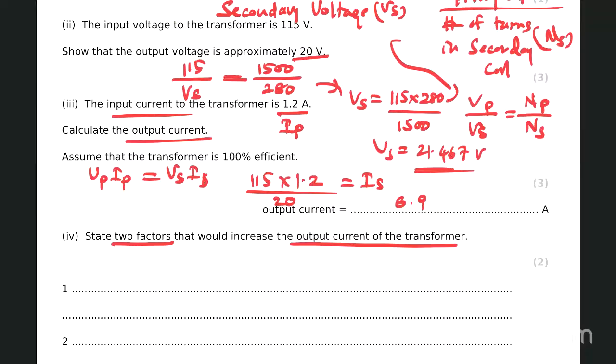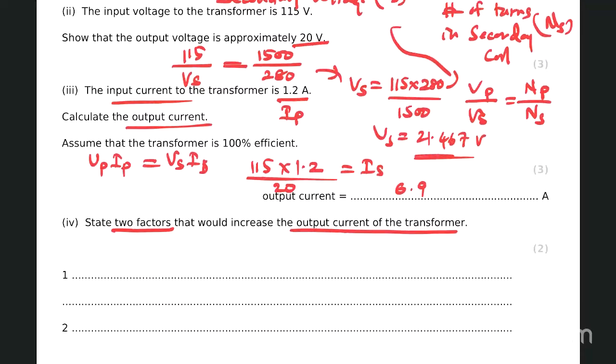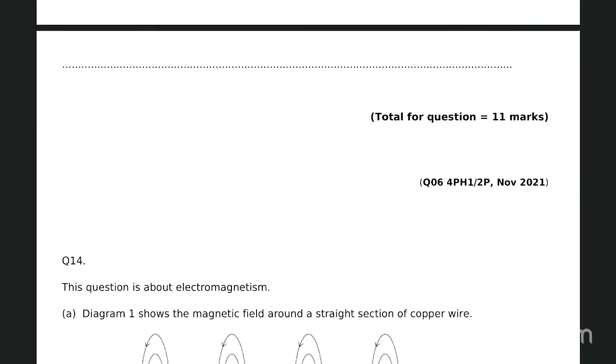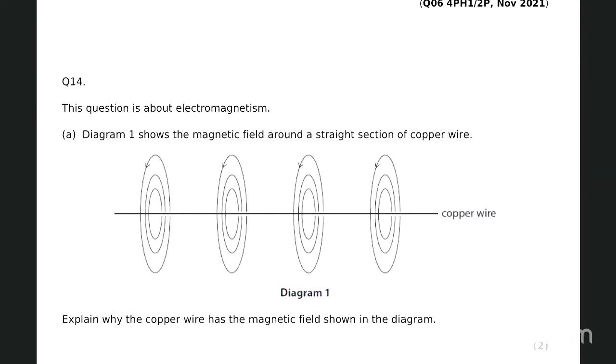So in order to get an increased output current, you can use less resistant coils, right? And also you can supply a higher primary voltage, right? And also you can use less resistant wires, right?